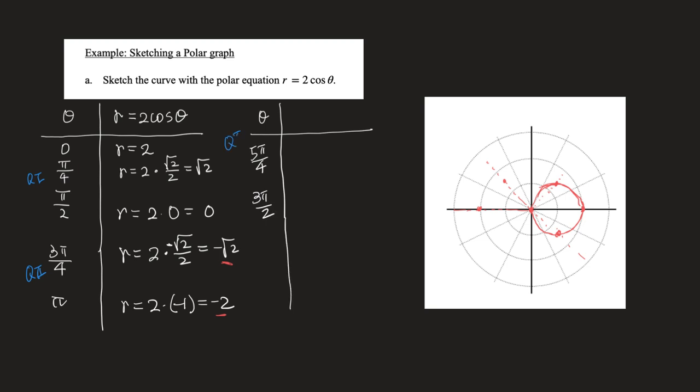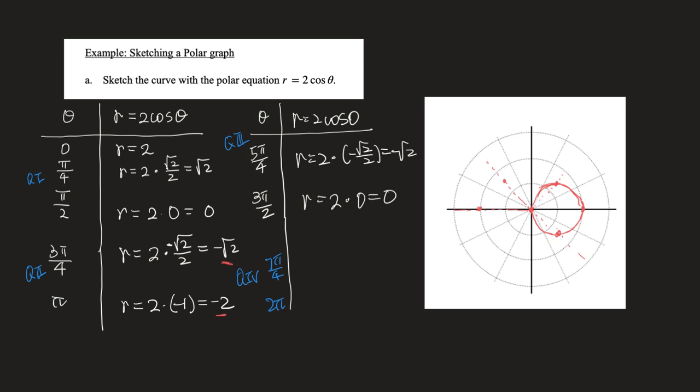Then quadrant 4 is 7 pi over 4 and 2 pi. For theta 5 pi over 4, r is 2 cosine, that's 2 times negative square root 2 over 2, which is negative square root 2. Cosine 3 pi over 2 is 0, and 2 times 0 is 0.